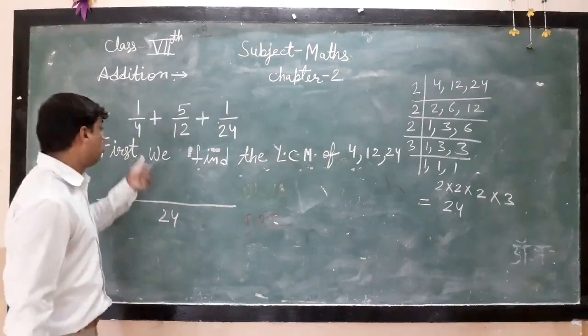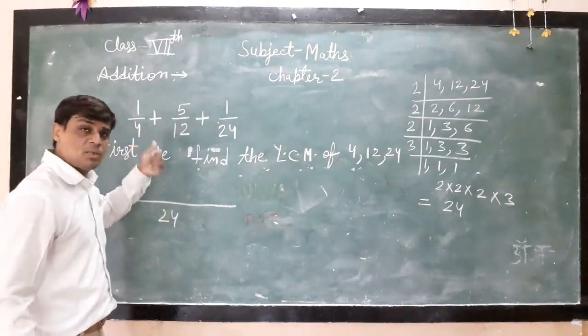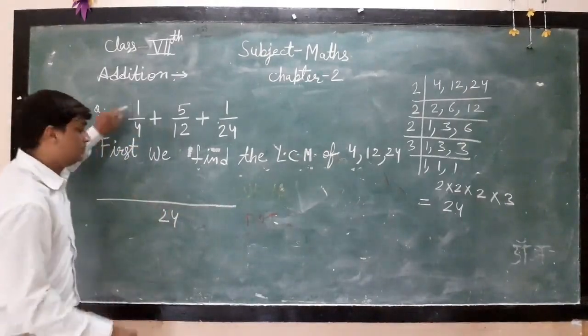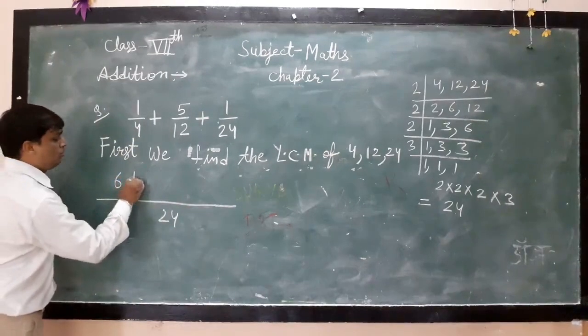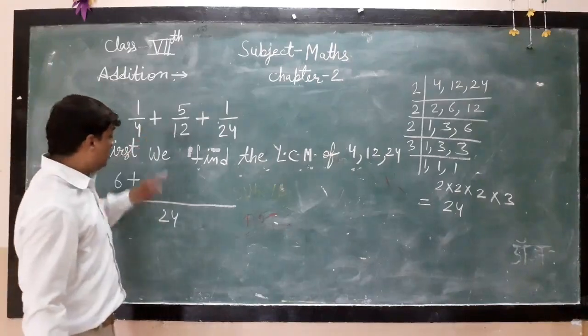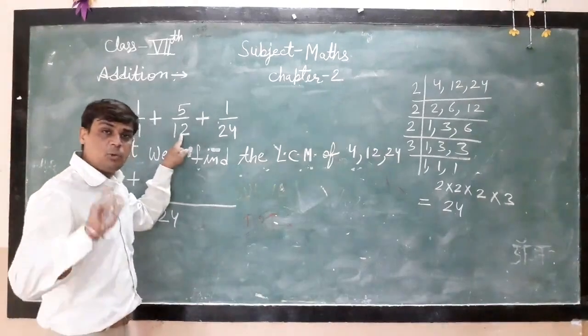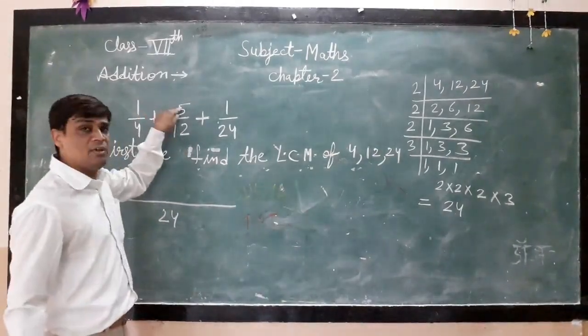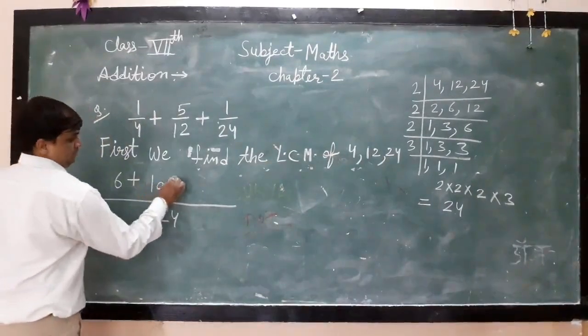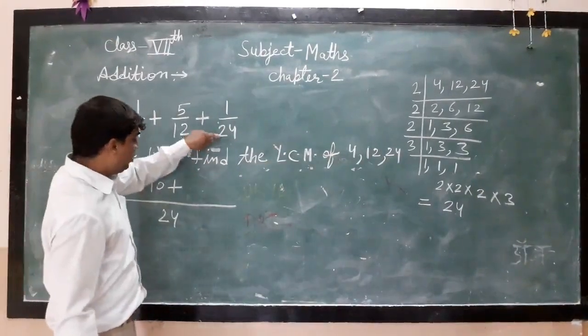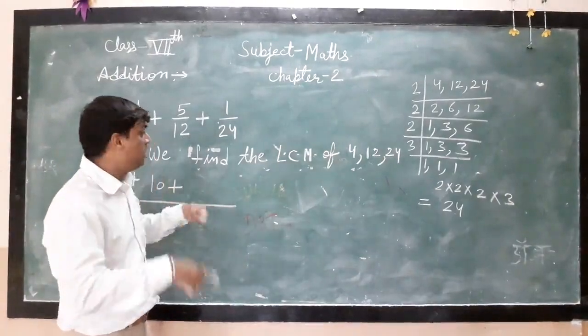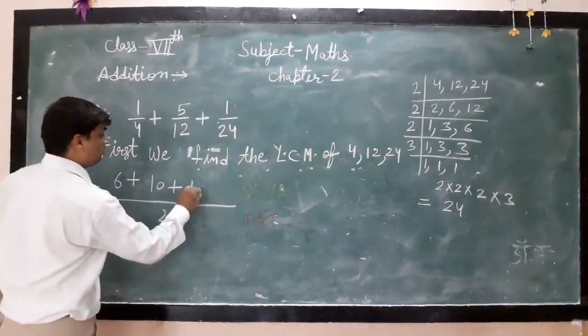Now 24 divided by 4 is 6, 6 multiply by 1 is 6, plus 24 divided by 12 is 2, 2 multiply by 5 is 10. 24 divided by 24 is 1, 1 multiply by 1 is equal to 1.